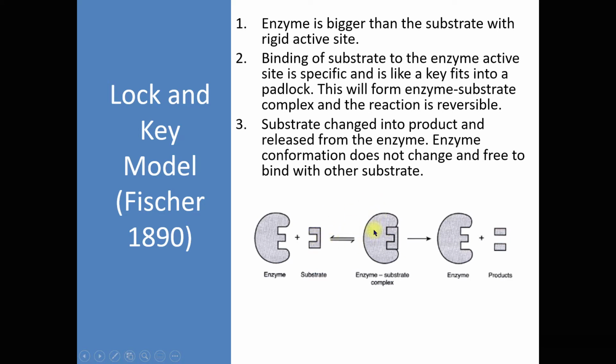Now the substrate eventually changes into products and is released from the enzyme. Class, please take note: the enzyme conformation does not change and is free to bind with other substrates.